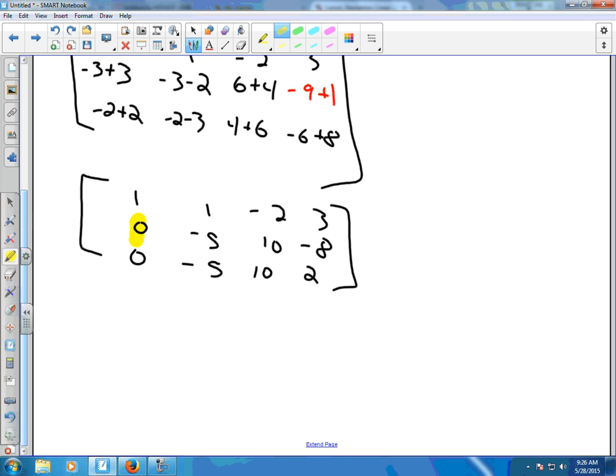So notice that got us all zeros there. So now that we have zeros under that first pivot, this is our second pivot. So let's make that a 1. And earlier we said, well, if we divide that by itself, that would make 1. So another way of saying that is to take the second row times negative 1/5 to give us our new second row.